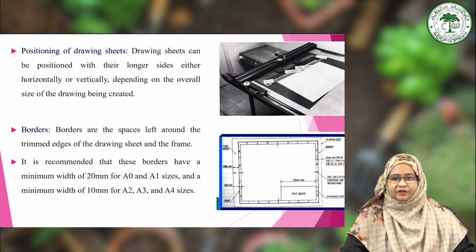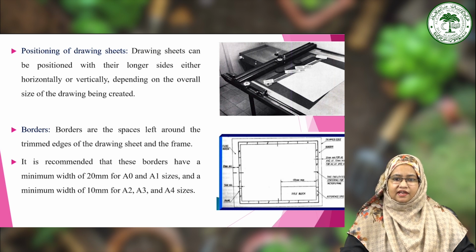Drawing sheets can be oriented with their longer sides positioned either horizontally or vertically depending on the overall dimension of the drawing being produced. When it comes to borders, maintaining consistency and adherence to recommended width is crucial for achieving a professional and polished appearance.